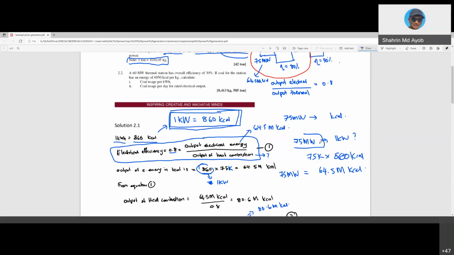From here, we can see that inside 75 megawatt, I have 75 kilo times of 1 kilowatt. So this 75K multiplies with the calorie that represents 1 kilowatt. I hope that answers your questions.